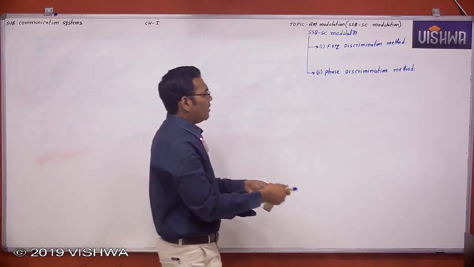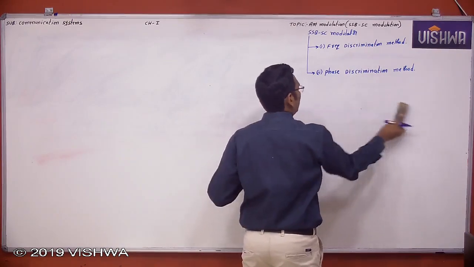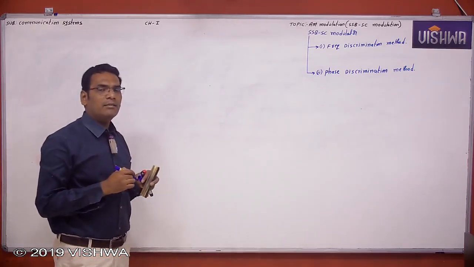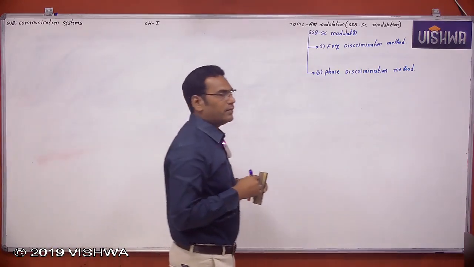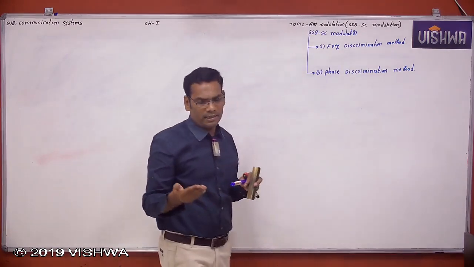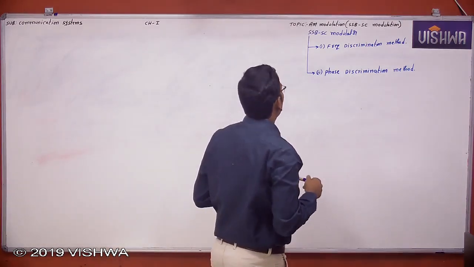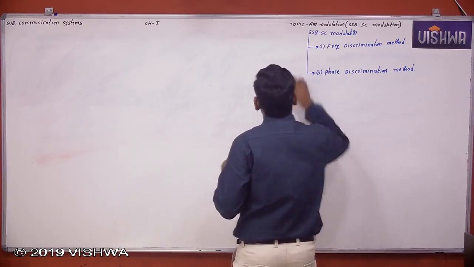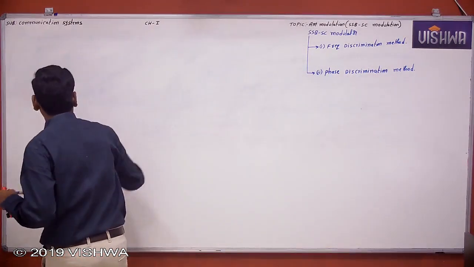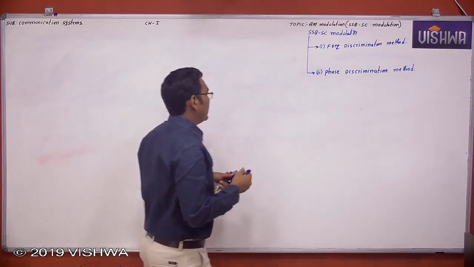We will see the generation of SSB-SC based on frequency, and after that we will put an appropriate name for this method. Is there any other alternate name which is suitable for the frequency discrimination method also? We will verify. Now these are SSB-SC modulators.